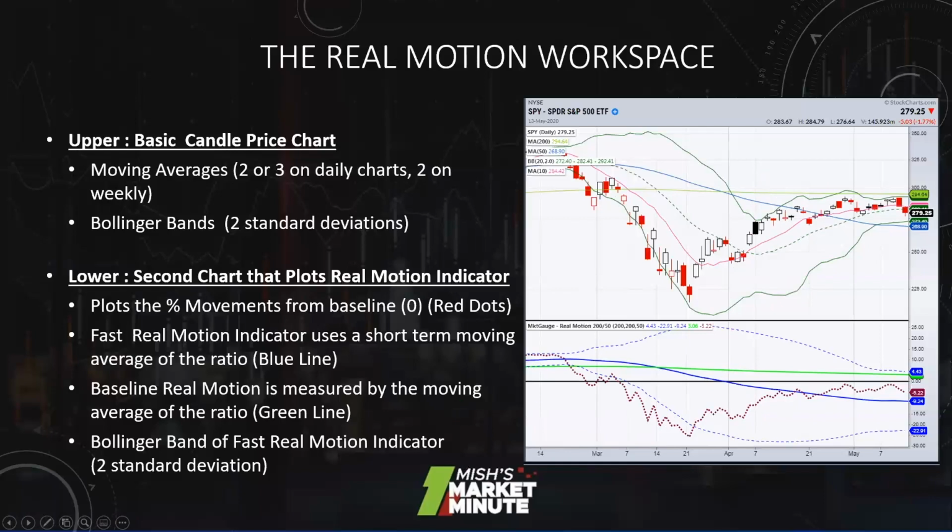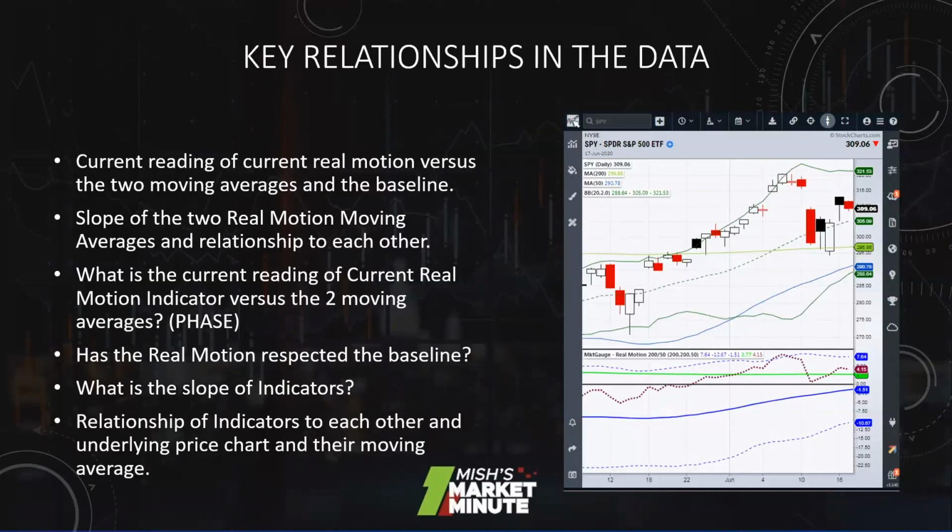Now, let's move on. So the key relationships in the data, right? I sort of covered some of it, but what I want to do is just review that once again. In terms of the key relationships, we're looking at the current reading of the real motion versus the 2 moving averages and the baseline, right?